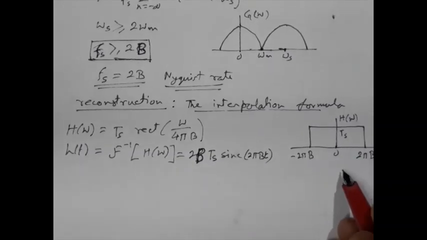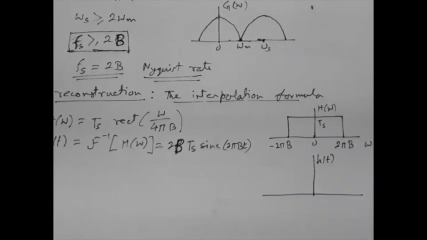So the impulse response h(t) can be drawn in this way. It is the usual sinc function.